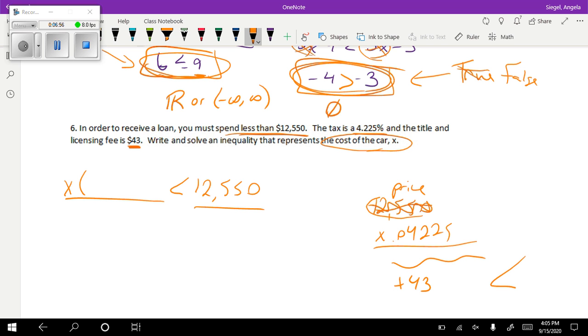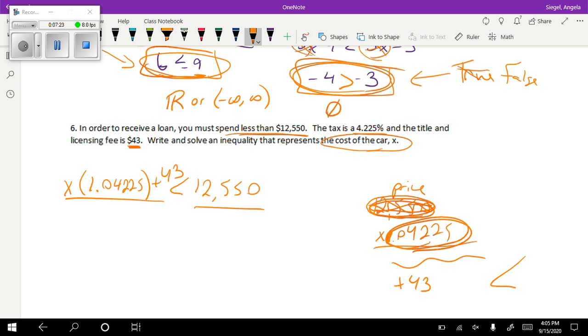We have the total price of the car, and then we're going to add on the total price plus 0.04225, and then we're going to have a $43 fee.